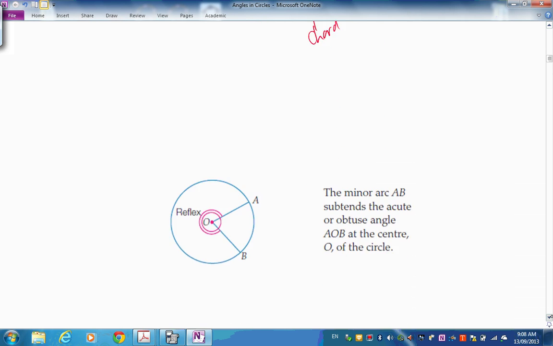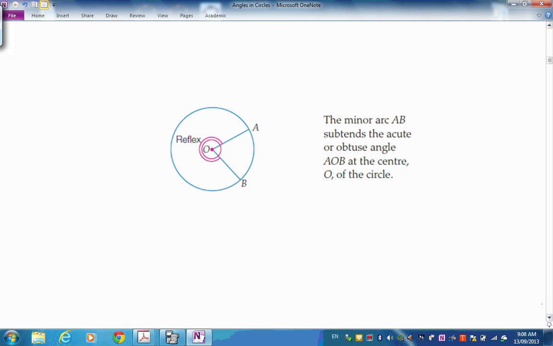Okay, now we're going to start talking about the relationship of angles around the circle and at the centre in relationship to the circumference. So here, let's talk about the arc. Remember, the arc is the part of the circumference joining 2 points. So the arc AB subtends the acute angle.